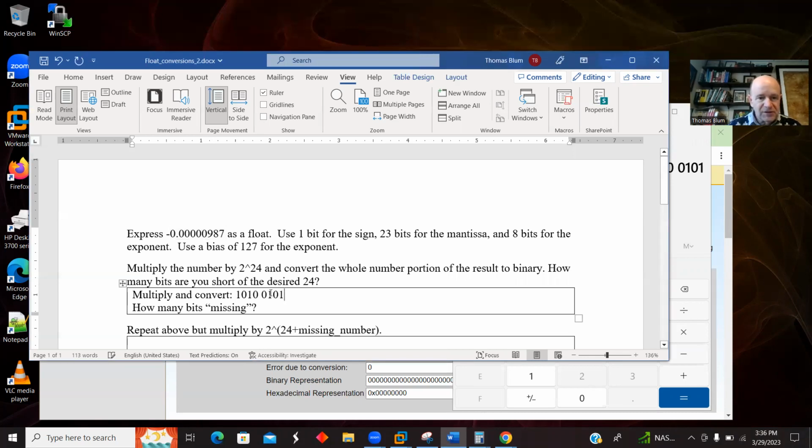Control V. So if I were writing it out, I'm going to show more steps.